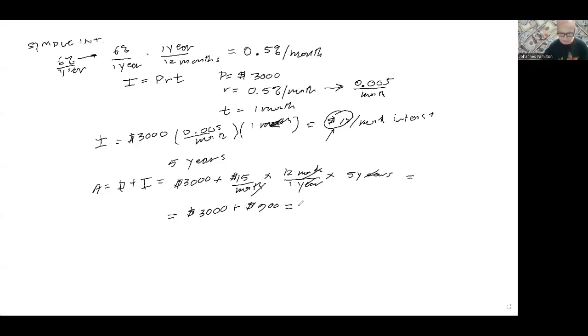And we will end up having in our account $3,900 after 5 years.